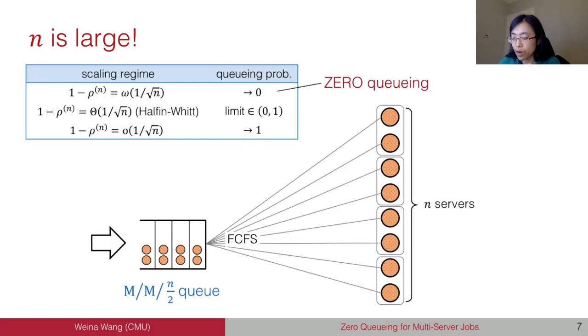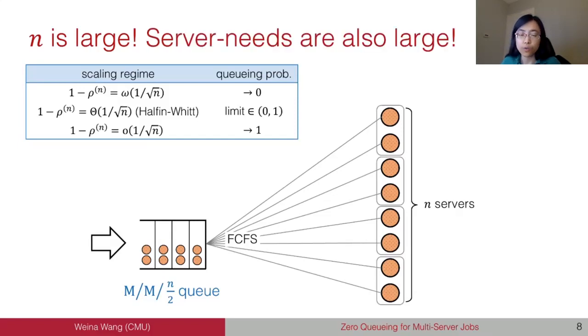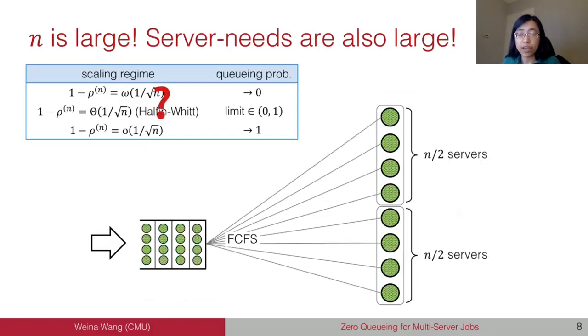This table provides very insightful understanding for the provisioning needed to achieve zero queuing. However, as we mentioned at the beginning of the talk, the server needs also grow when n grows. So the server needs are also large. Then instead of having jobs with the server need equal to 2, we may have jobs with a server need that is really large, as much as half of the servers. In this case, are those existing results still true?